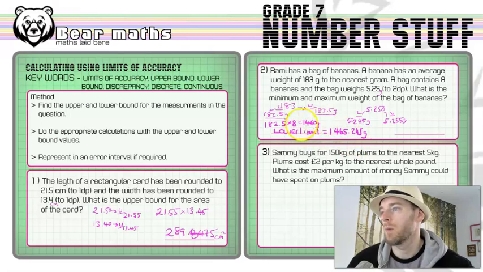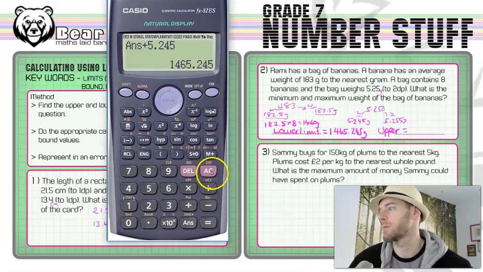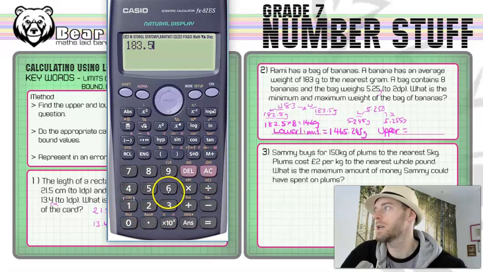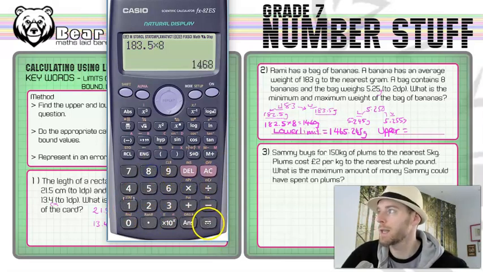Okay, I can't squeeze the working out in for the last bit that I did there, but there we go. There's that. Now the upper limit is going to be pretty much the same thing, just with slightly different numbers. 183.5 multiplied by the 8 bananas that there are that could potentially weigh that.